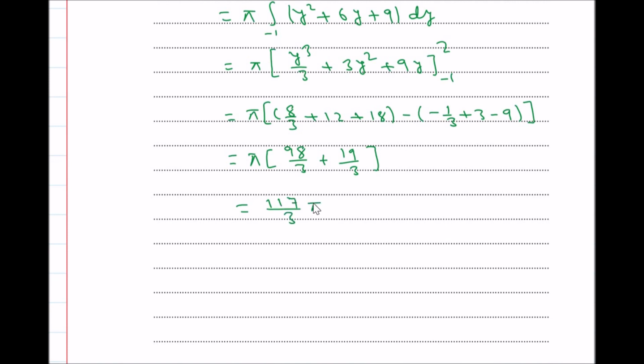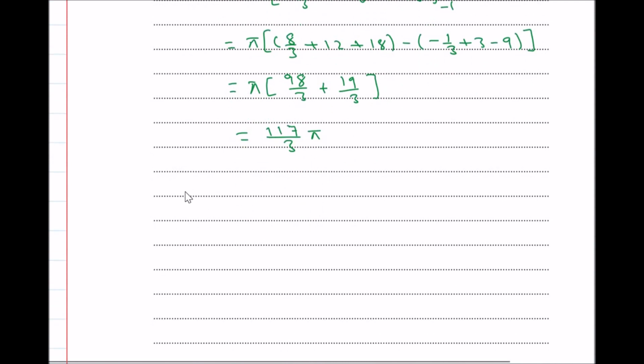This is our V2. Now we have to find the volume. So V equal to V2 minus V1, because V2, the line, is the outer one. That's why V2 minus V1. And if you see, then this is 39 pi coming, right? 39 pi.